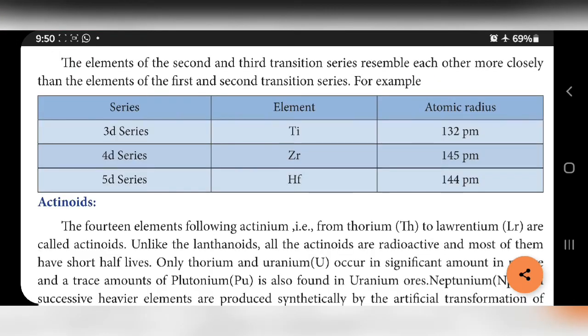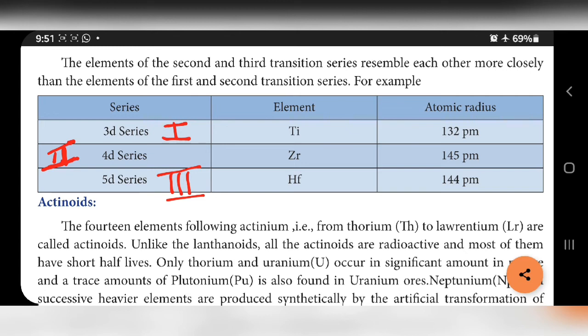The elements of the second and third transition series resemble each other more closely than the elements of the first and second transition series. See here, this is the first transition series, this is the second transition series, and this is the third transition series.